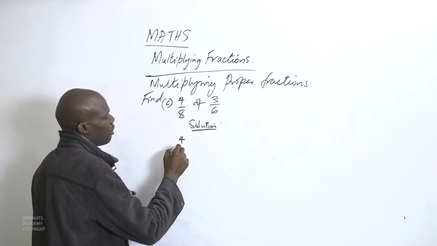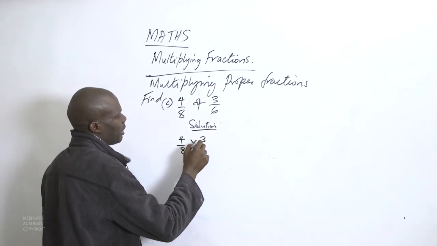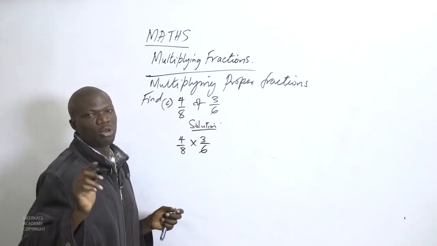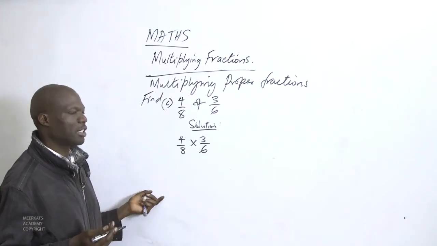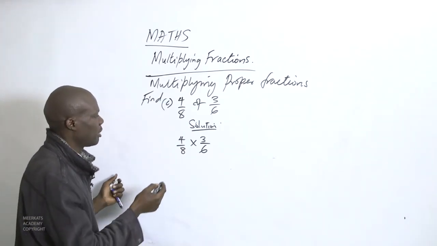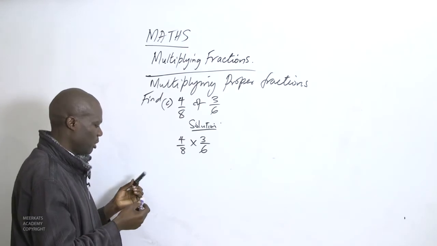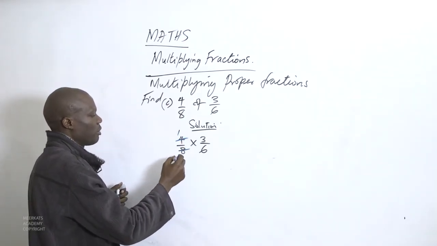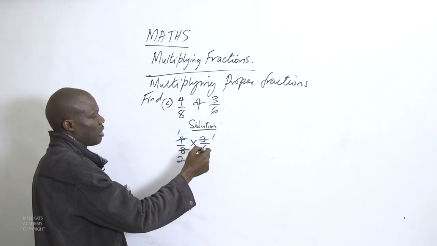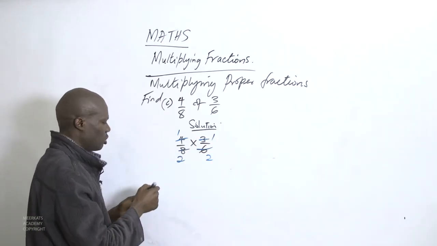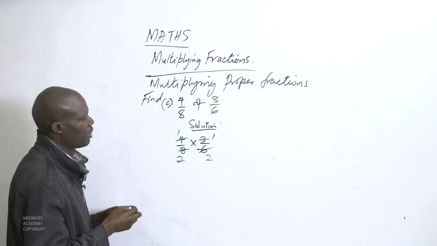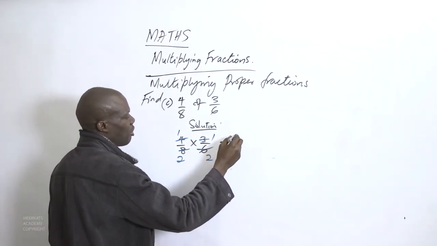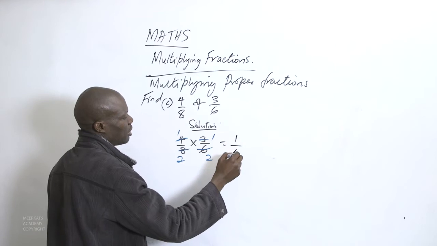So in our solution, we shall have 4 over 8 multiplied by 3 over 6. Look at common factors horizontally, and you'll find that we have some numbers to be cancelled. So we go by 4 is 1, by 4 is 2, by 3 is 1, by 3 is 2. So when you multiply across, you find that your answer becomes 1, and 2 times 2 is 4.